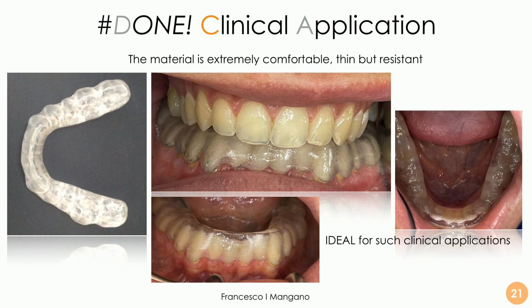Everything worked very well because the material is comfortable, thin but resistant, and the possibility to print the bite directly allows us to skip some steps that were before unavoidable, like printing the model and then creating the bite in a very conventional way on the model.